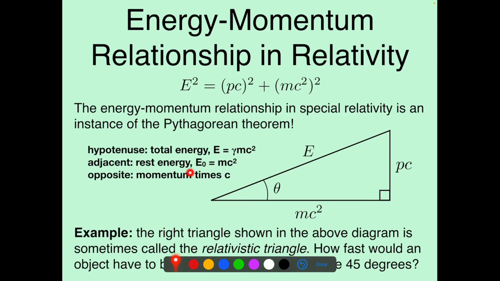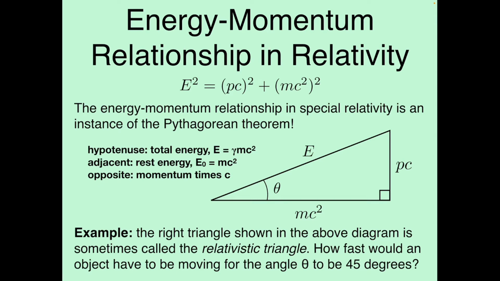So E naught, rest energy, is equal to MC squared. And then the opposite side is the momentum, P, times the speed of light, P times C. So these form the three sides of a right triangle. The hypotenuse is the total energy. And we also have some angle, theta, in that triangle. So this is what we call the relativistic triangle.